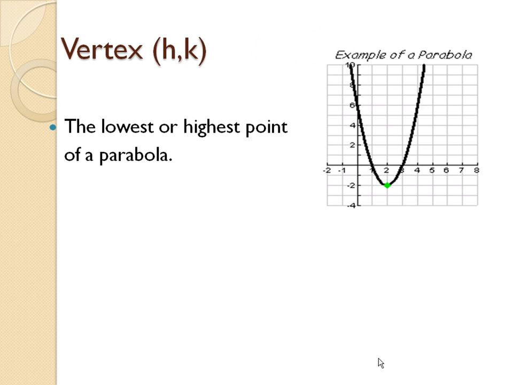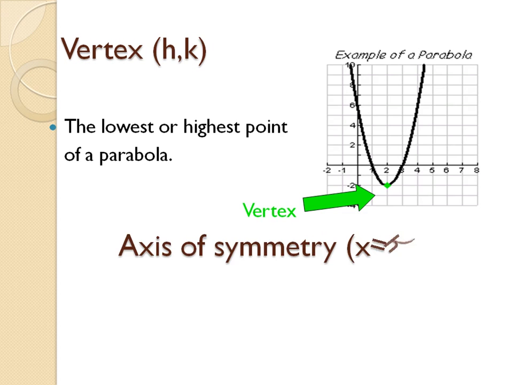Now here's an example of a parabola to your right. Notice that the green dot represents your vertex. In this case, since our parabola opens up, the lowest point here is the minimum point. The axis of symmetry is represented by the equation x equals h.